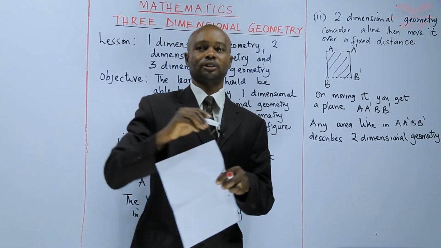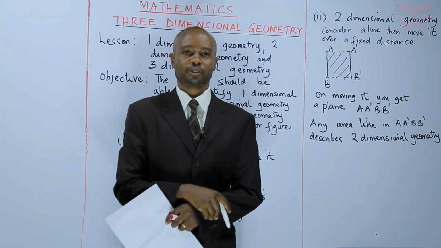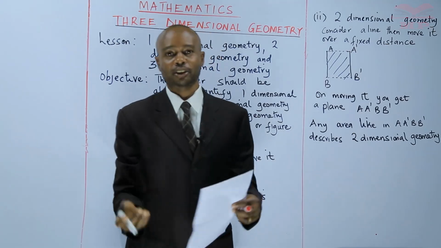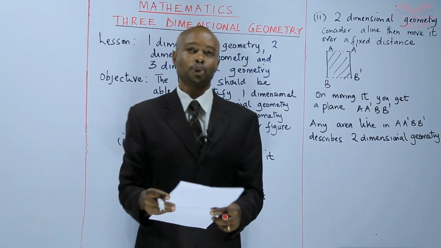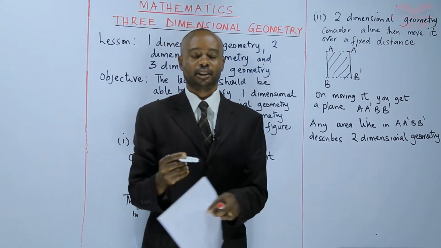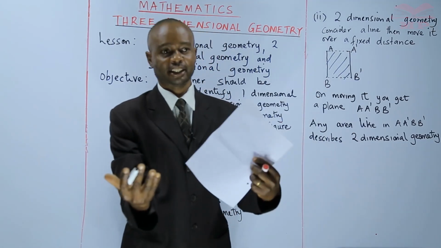You'll see the welder trying to cut out those sheets. That sheet you see, whether it is triangular, rectangular, it describes two-dimensional geometry, so long as it is a plane, whether you can have an area.